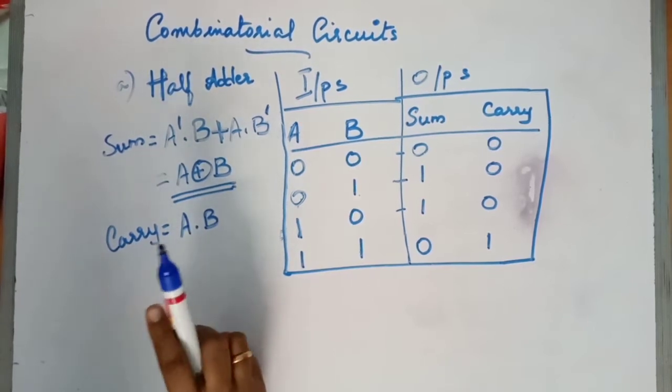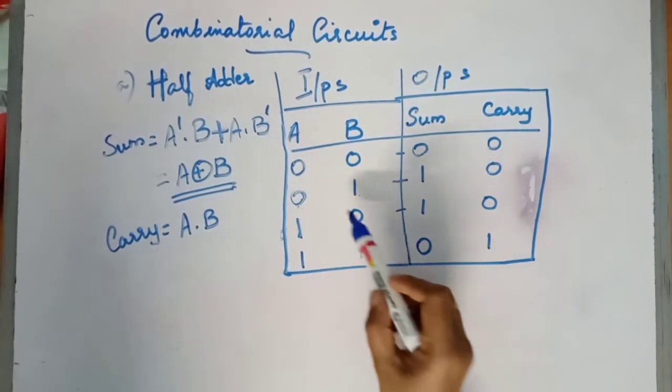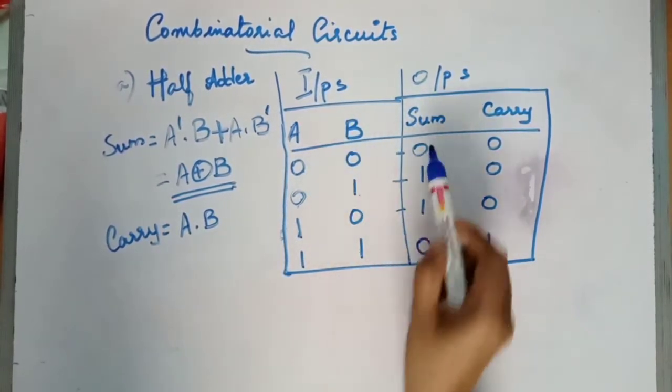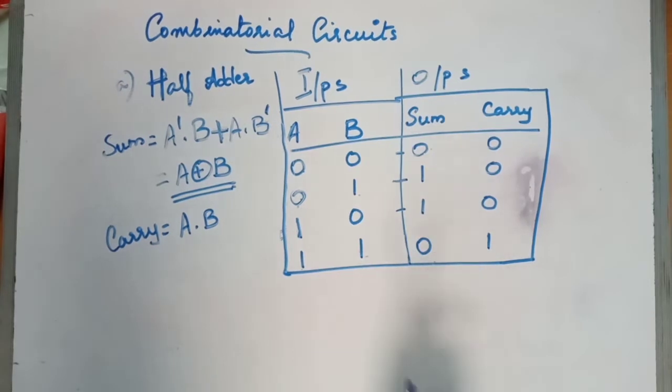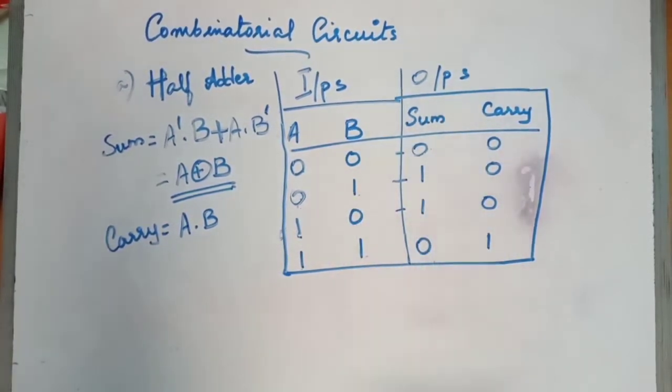If A and B are the same, then A XOR B is equal to 0. If both are the same, output is 0. So sum is 1 only if A and B are different. Correct?